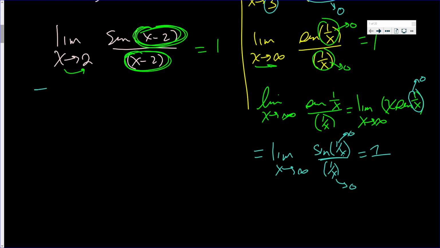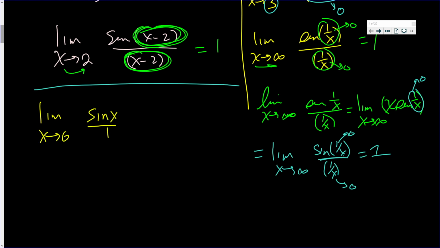Now, you need to sometimes think a little bit. If this fraction goes to 1, that means that for small x, the sine of x is very close to x.